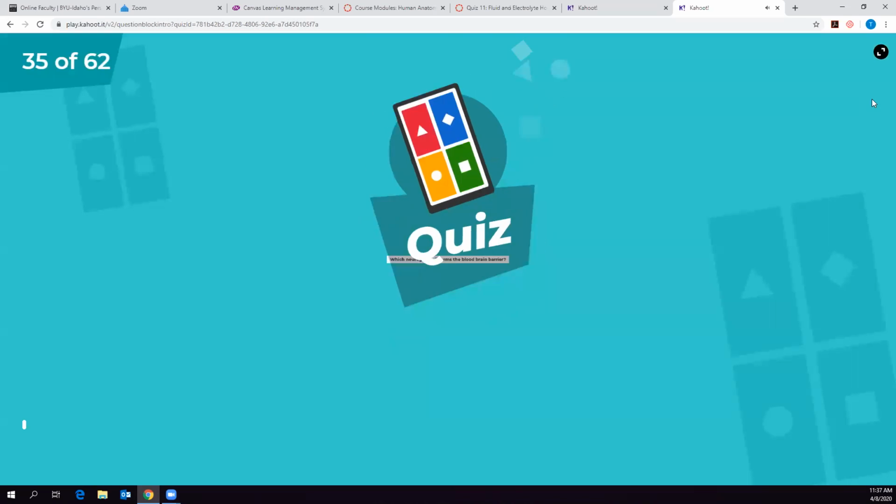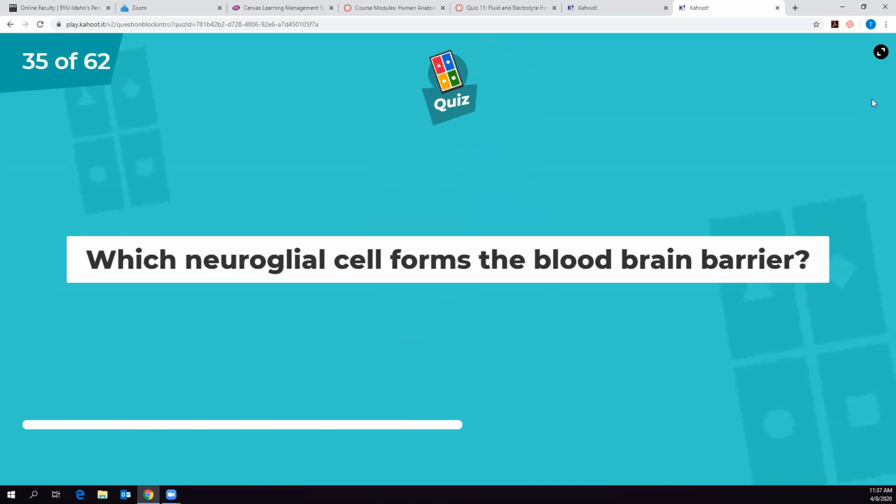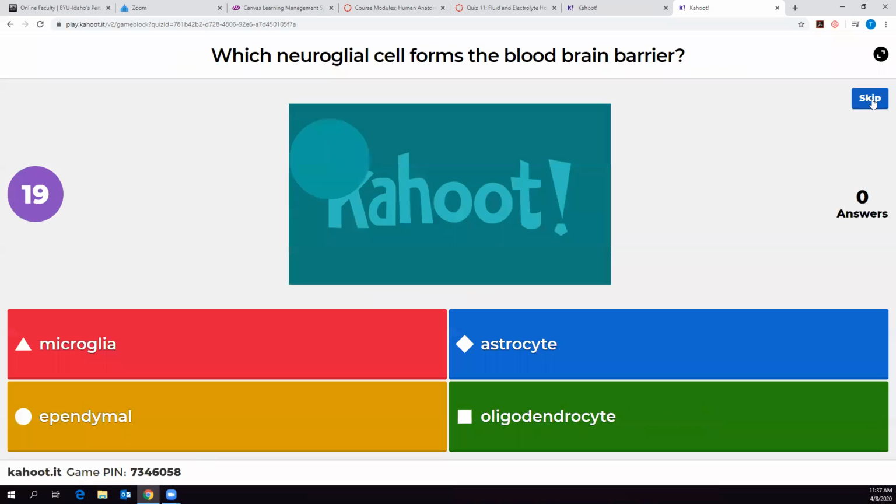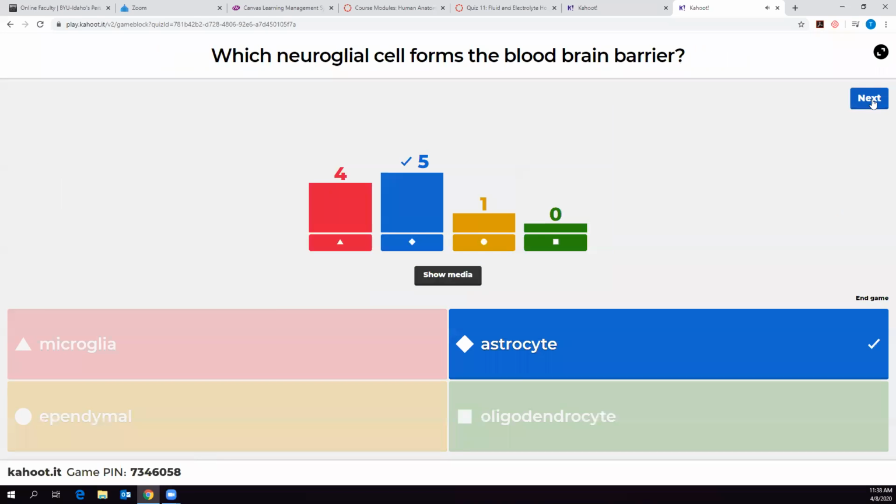All right. Which neuroglial cell forms the blood-brain barrier? It is an astrocyte. No, microglia are phagocytic. They're going to eat up the germs, but what's going to form the blood-brain barrier?